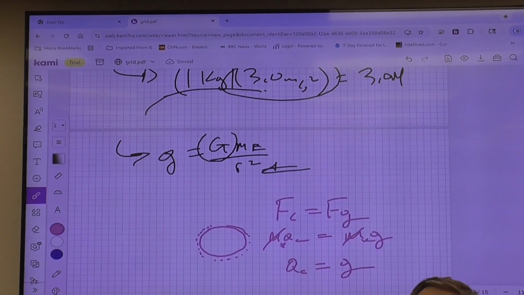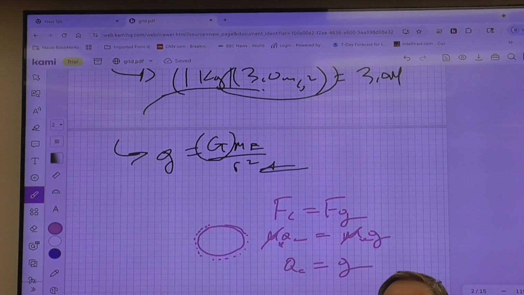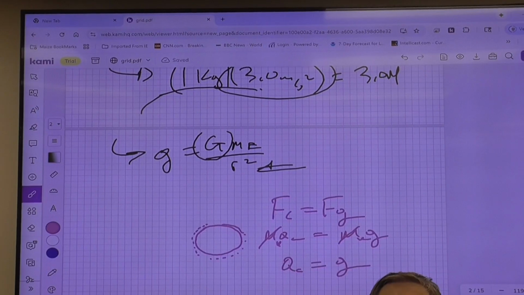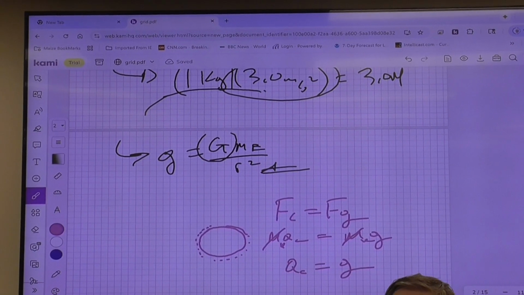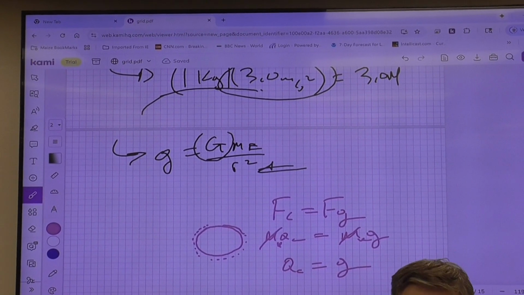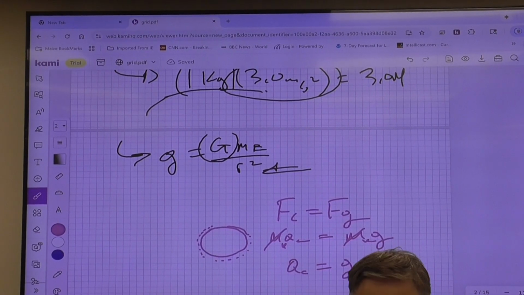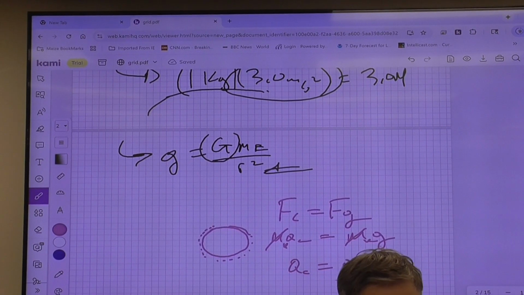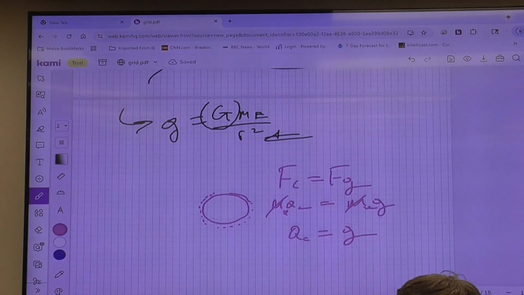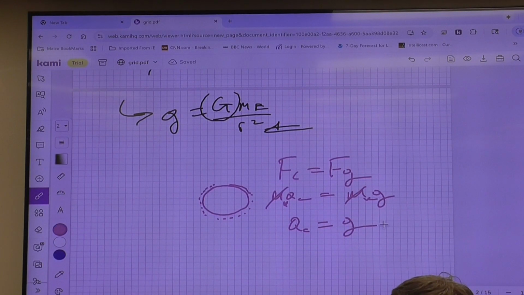So your centripetal acceleration always equals your gravitational acceleration. Now, the important part of this, if you're close to the surface, and that's a huge caveat, like if I take the squirrel and I throw it, oh yeah, I'm close to the surface. If centripetal acceleration equals g, then centripetal acceleration is v squared over r, and that equals g.